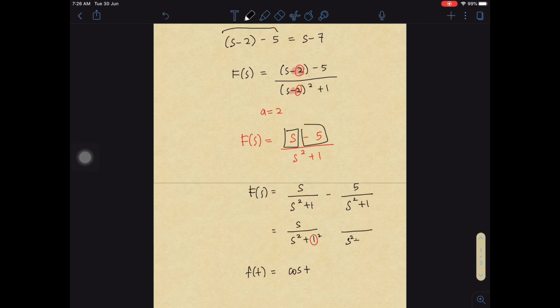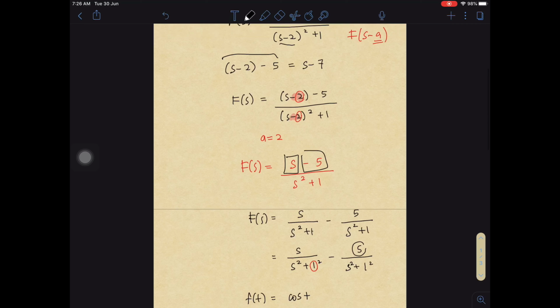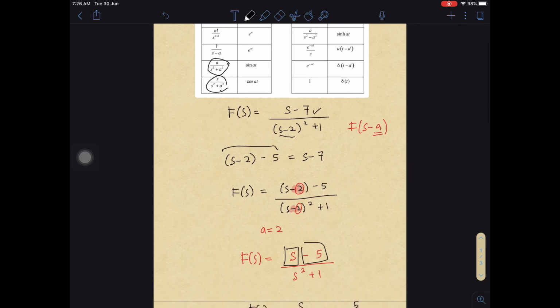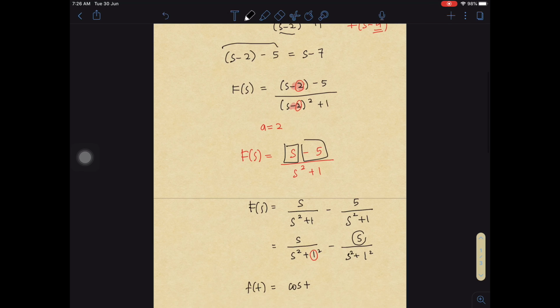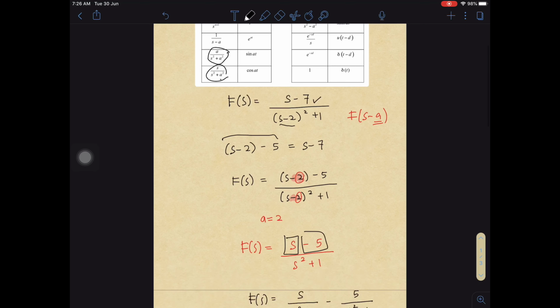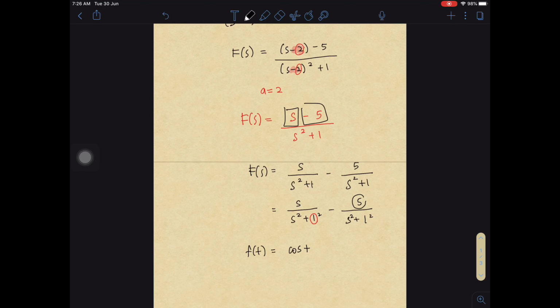But in the fraction here, you also have s² + 1, so you can write it as s² + 1², but you have a constant 5 in your numerator. When you have a constant, it is related to the function sine: a over (s² + a²). Here the sign is plus, therefore it will be related to sin(at). So now your a is equal to this one.